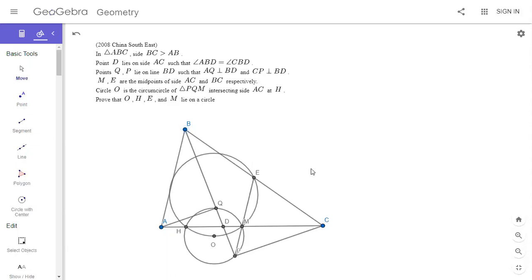Actually, hold on a sec. I'm not sure I can prove that. Let's see. So yeah, let me delete this circle just so that I don't already see it. But first we want to show BAHQ is cyclic. So yeah, angle HQM, QHM is QPM.